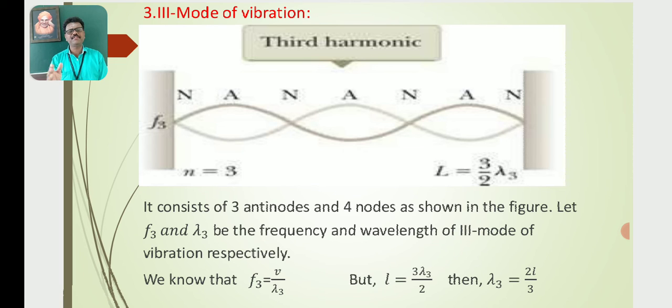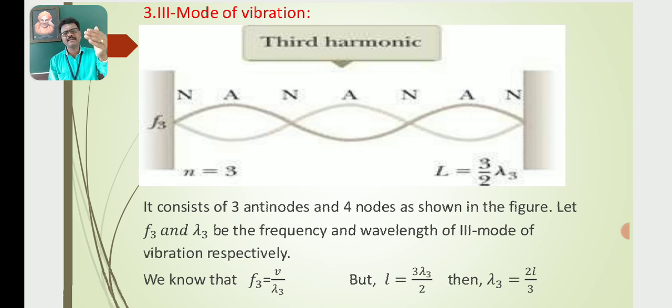Let F3 be the frequency of the third mode of vibration, and lambda 3 the wavelength of the third mode of vibration. Then again, we know the relation between frequency, wavelength and velocity: V is equal to F lambda. Based on that, F3 is equal to V by lambda 3.